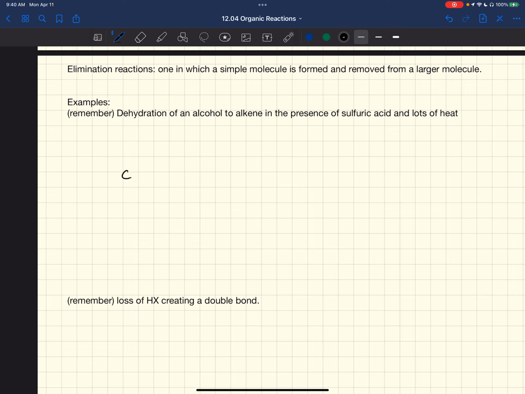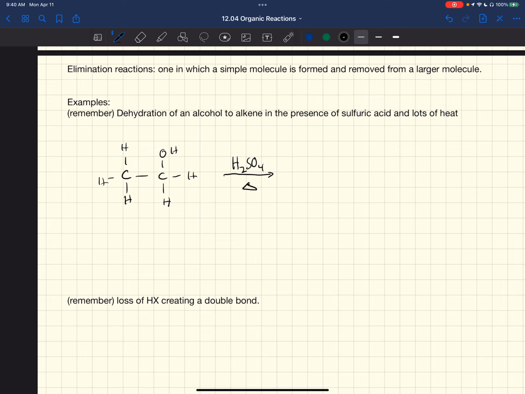So let's say we have this one. So we have an alcohol. Now this one you also need to remember.